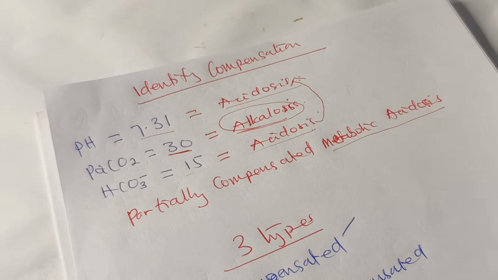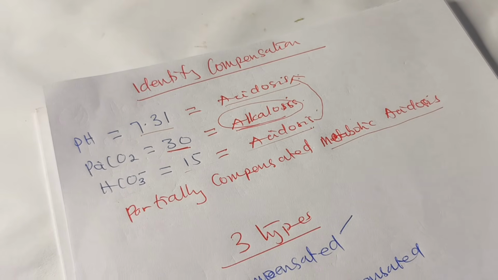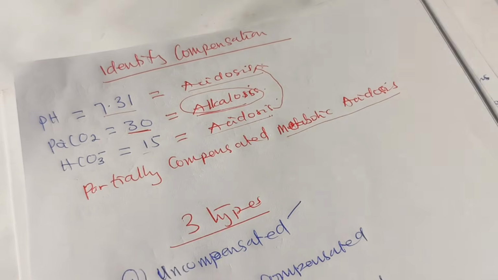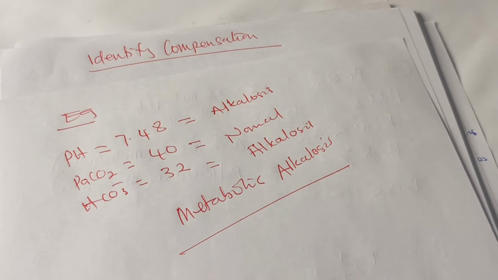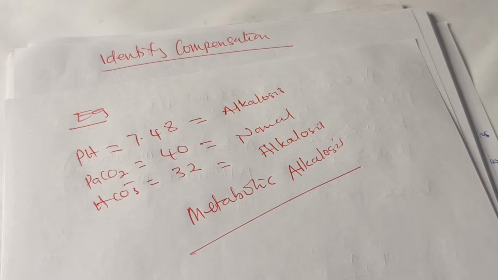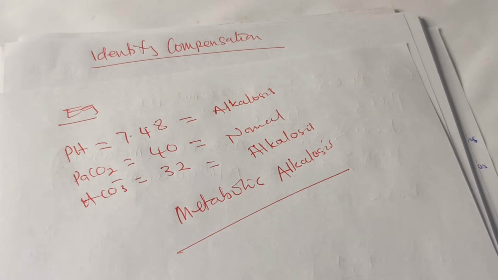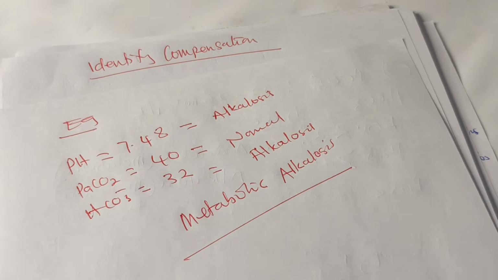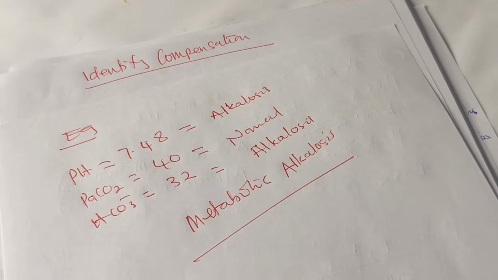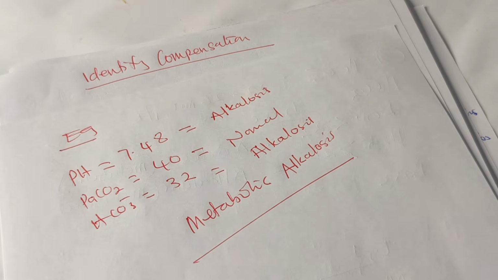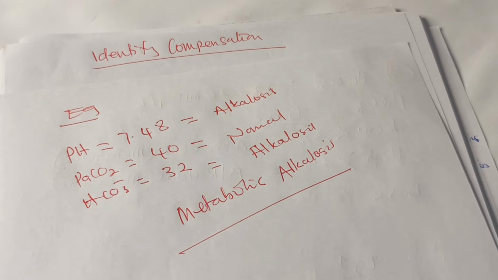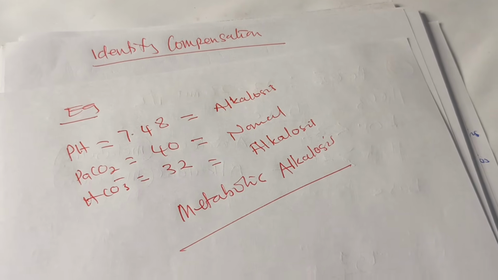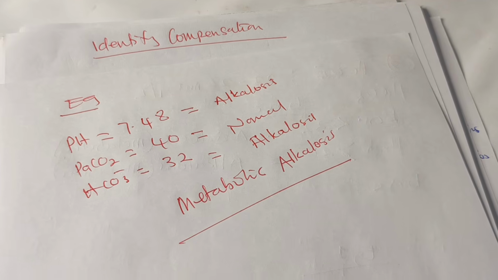Now, under what circumstance do we say uncompensated? In fact, the earlier examples we saw are a classic example of what we can say is uncompensated. So uncompensated is where the other value which has not caused the problem is still normal. It's still normal. However, the pH shouldn't be normal. Are you getting the point? If the pH is not normal, in that case we have an uncompensated.